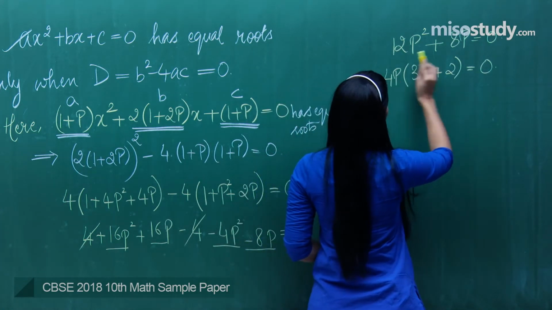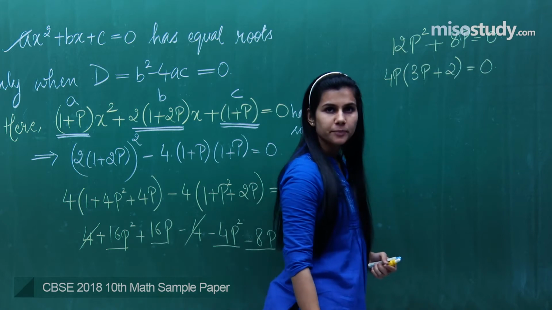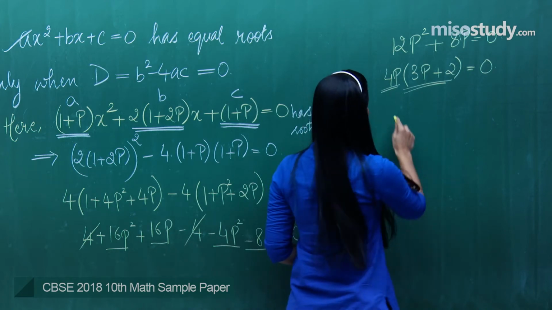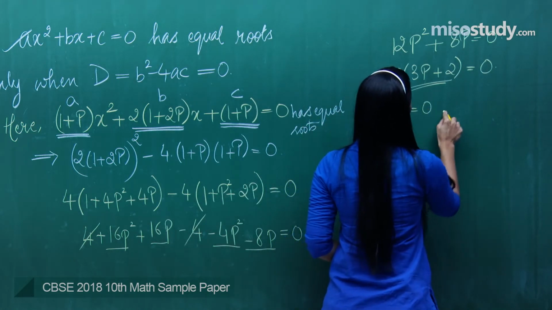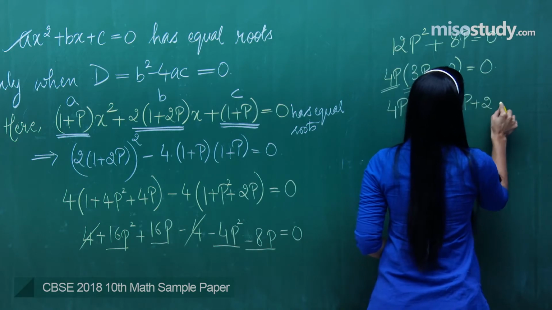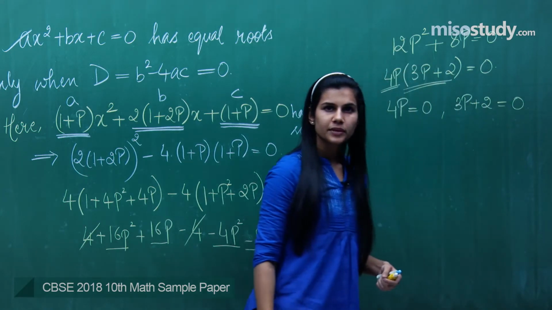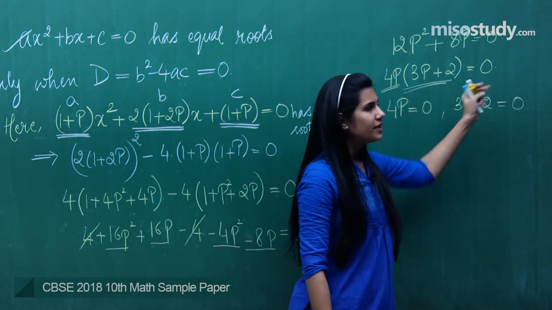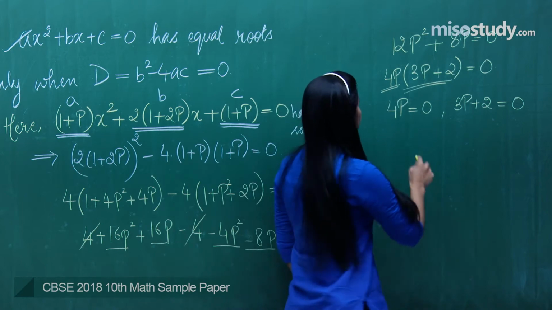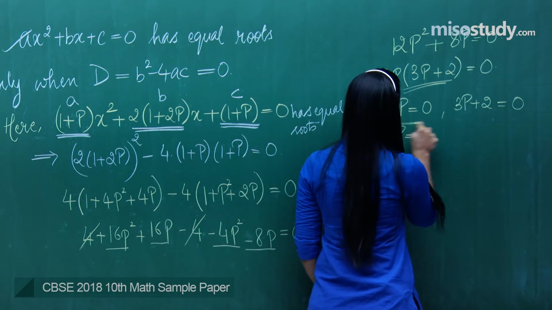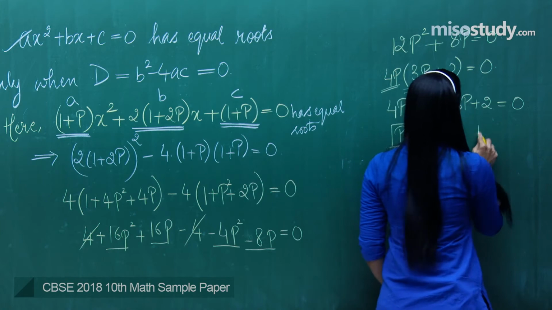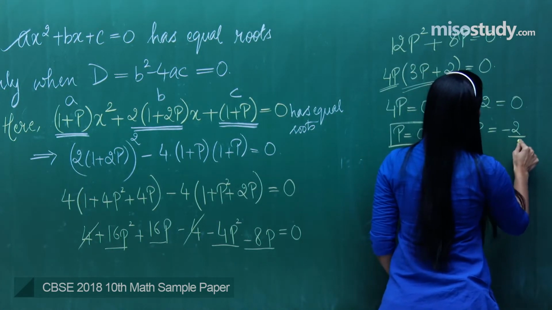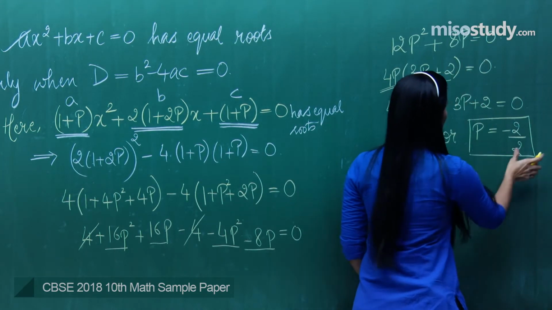You can also take out one p common because both have p's with them. And so this into this is 0. That means 4p is 0, 3p plus 2 is 0. Either this has to be 0 or this has to be 0, only then the product of them will be 0. Okay? 4p is 0 implies p is 0, or 3p plus 2 is 0, that means 3p is minus 2, or p is minus 2 by 3.